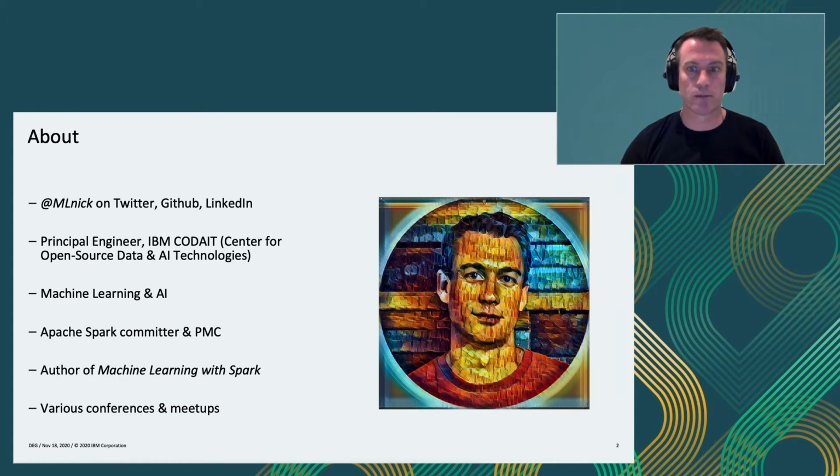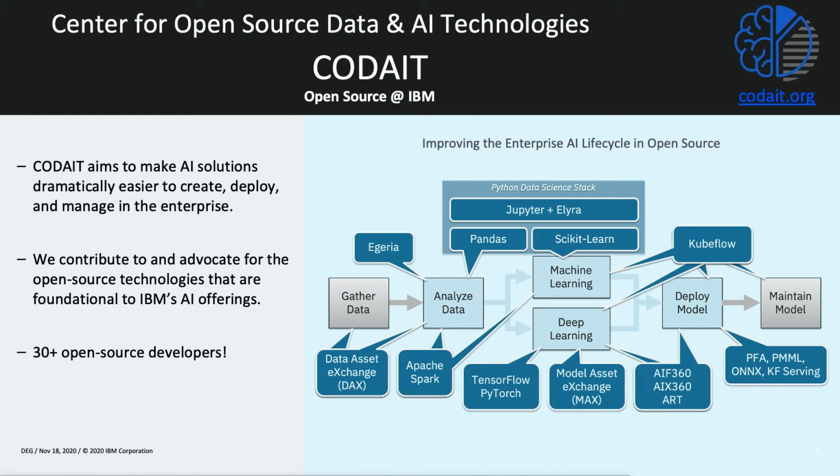Before we begin, a little bit about CODA, or the Center for Open Source Data and AI Technologies. We're a team of over 30 open source developers within IBM, and we aim to effectively improve the enterprise AI lifecycle out in open source. We contribute to and advocate for any projects that are part of IBM's AI offerings and are foundational to those offerings.